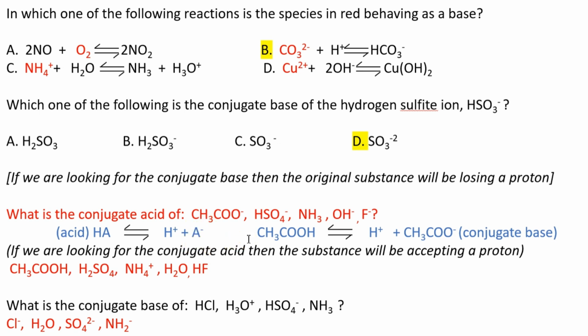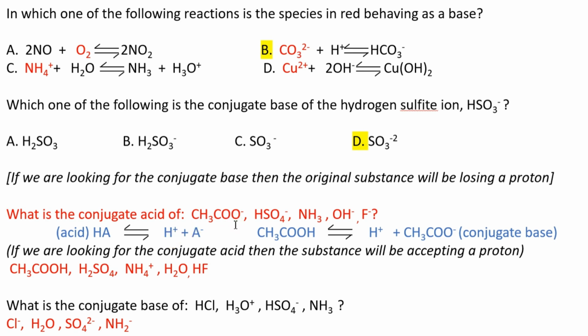For example, CH3COOH acting as an acid, donating its H+, the conjugate base is the anion, CH3COO-. How do I get back from the conjugate base to its original acid, which I'm going to call the conjugate acid? I add a H+.